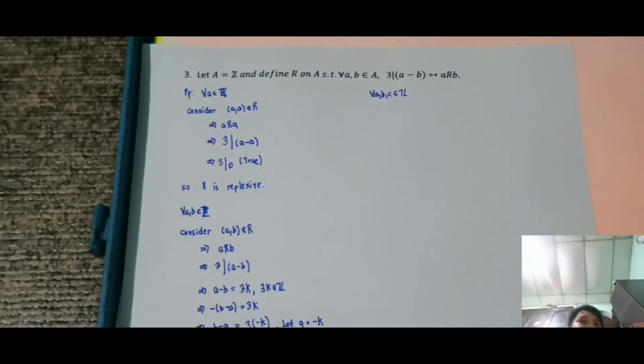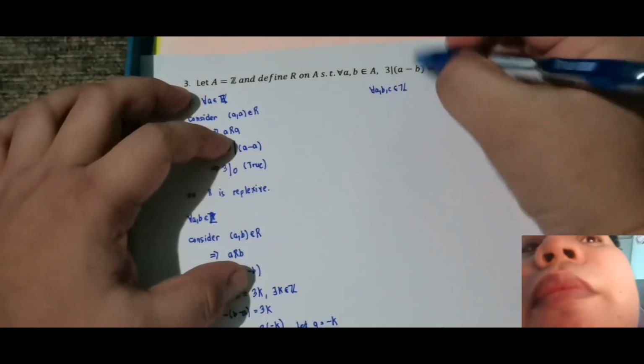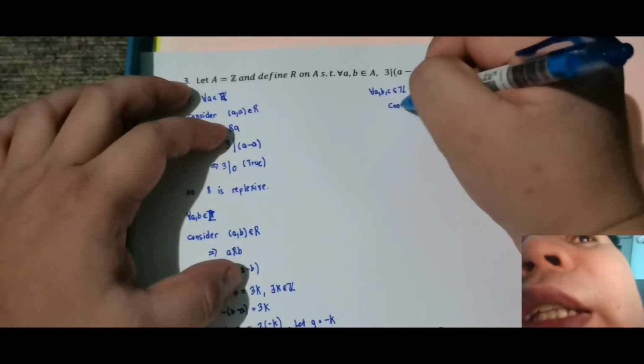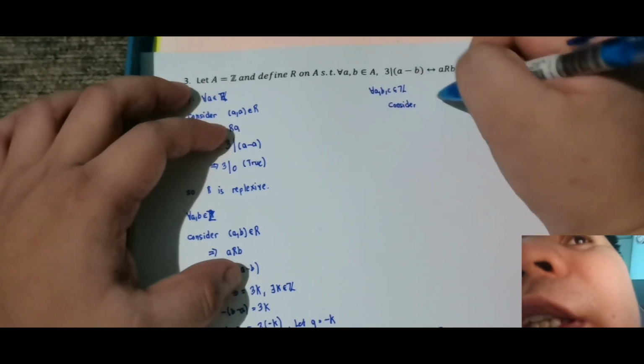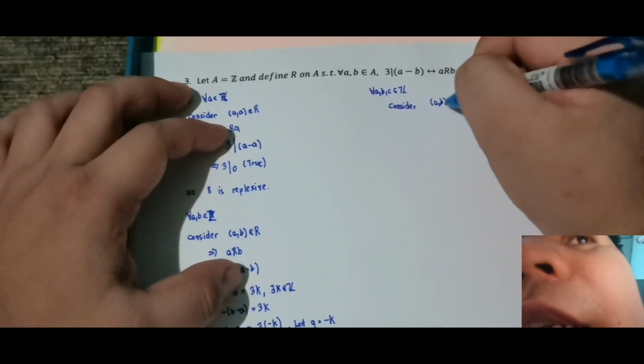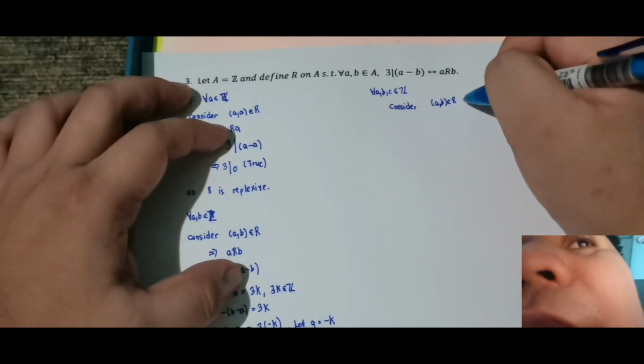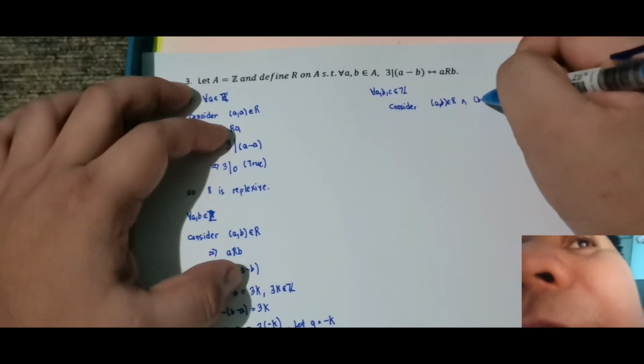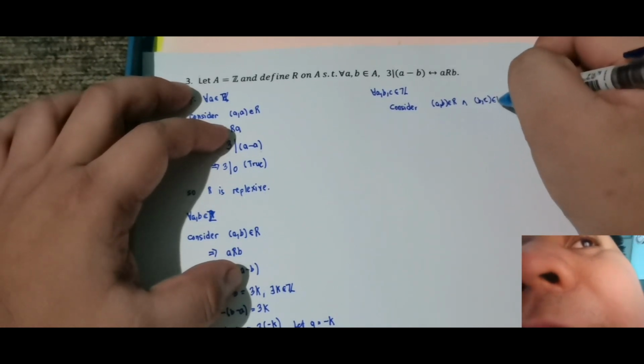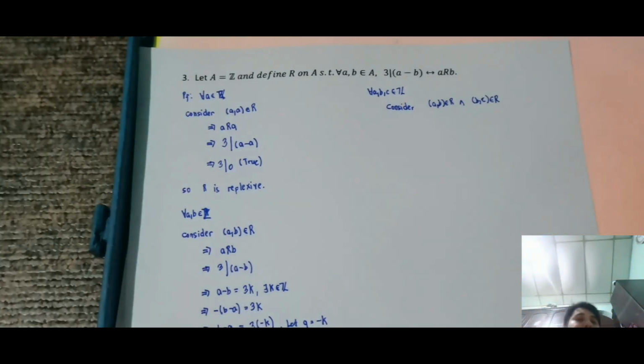Okay, so dalawa i-consider natin. So, consider natin A, B element of R, and B, C element of R. Okay?